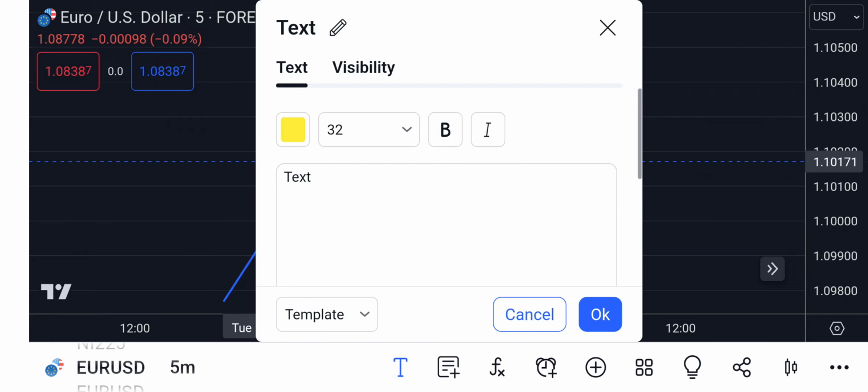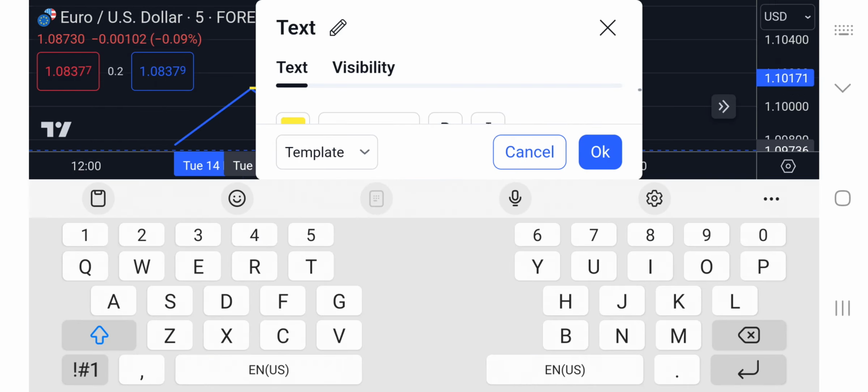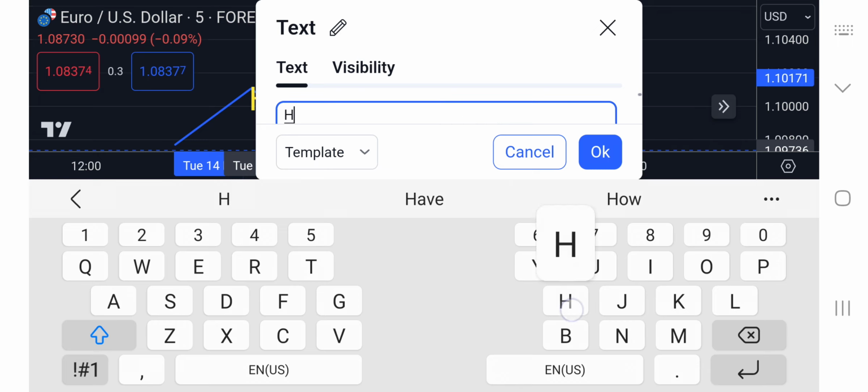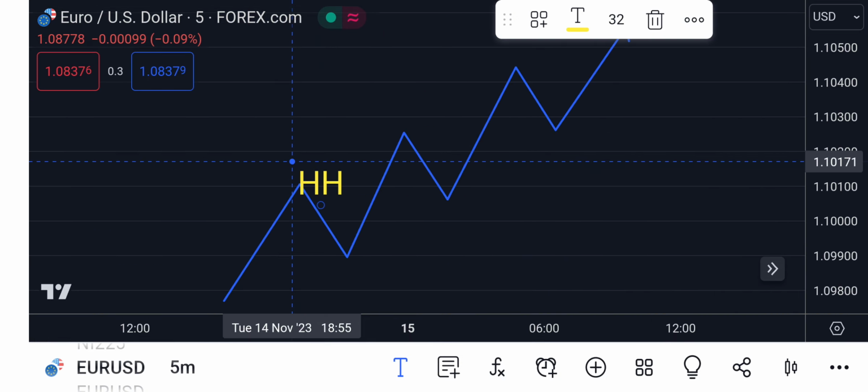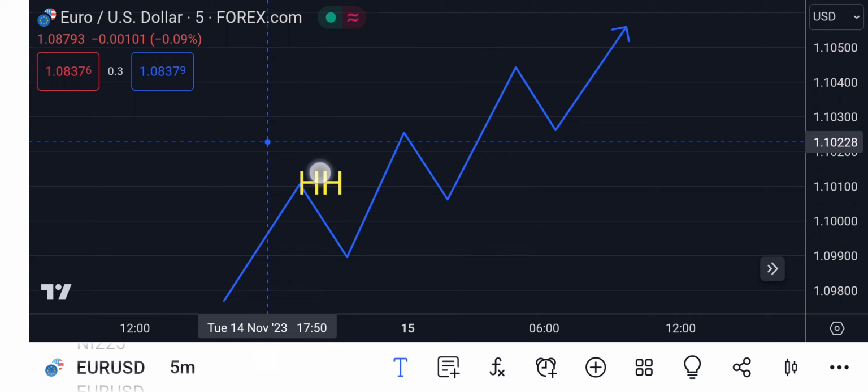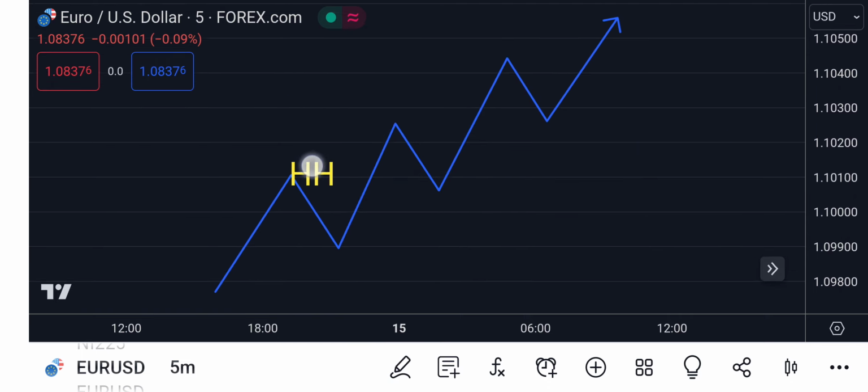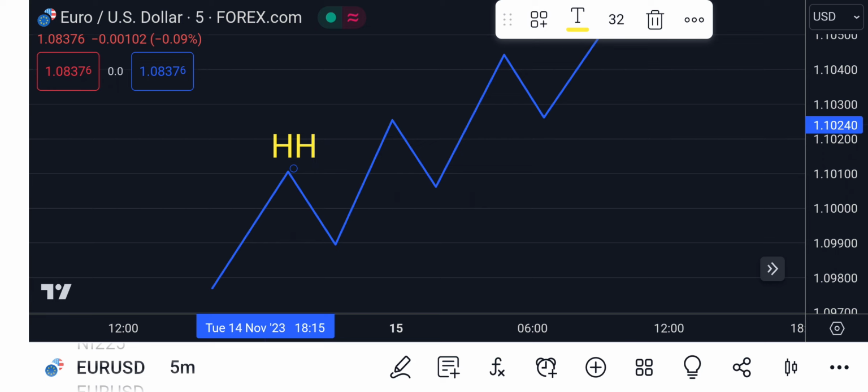The higher high, this is a higher high, so I'm going to label it HH, forming higher highs and creating higher lows, I'm sorry, higher lows.